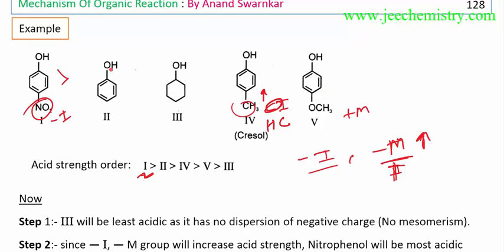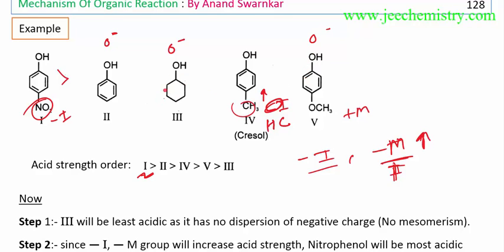This one will come in the last position. Why? We have to compare these two compounds, but this hydroxyl has conjugation. If it becomes the conjugate base, it becomes O minus, and O minus has conjugation with the benzene ring. But this one, if it becomes O minus, doesn't have any conjugation. This one is providing hyperconjugation, and this is providing plus M effect, but when it becomes the conjugate base, O minus is also stabilized by conjugation.